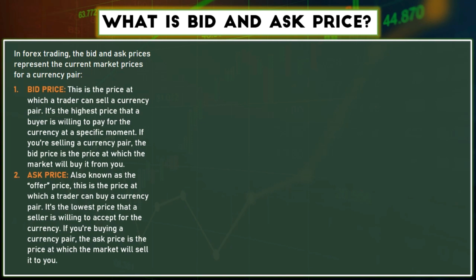One is the amount a trader can sell a particular currency, while the ask price is the amount a trader can buy a currency. It is the lowest price at which a seller is willing to accept for the currency. If you are buying a currency pair, the ask price is the price at which the market will sell it for you.